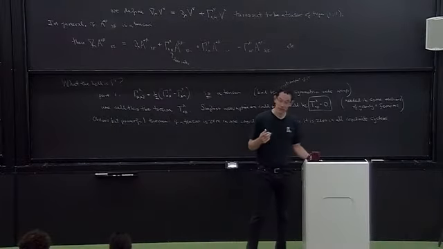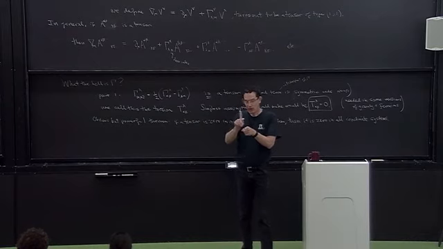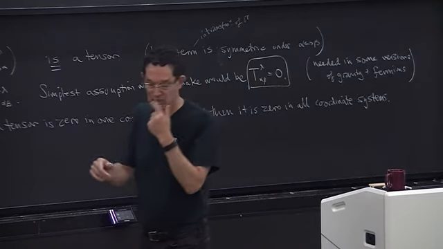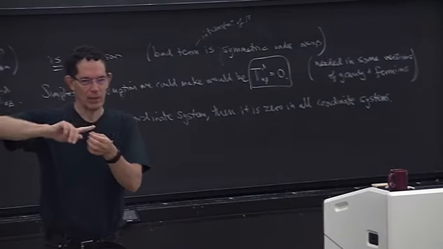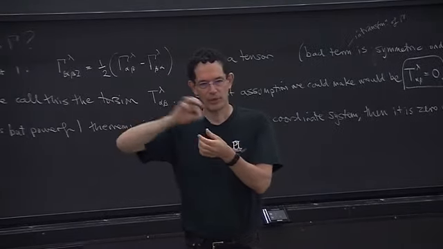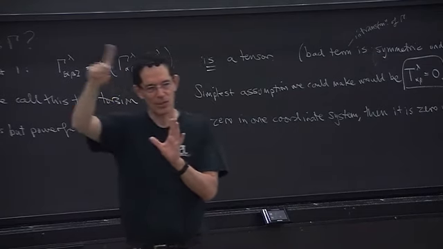But the other statement is, if you have torsion around and you have two vectors which are covariantly constant, physically some examples would be the spin of a particle, particles following some trajectory through space-time, and its spin is a half and it's constant.